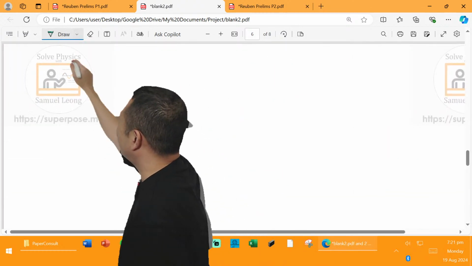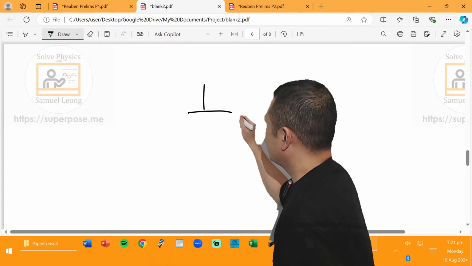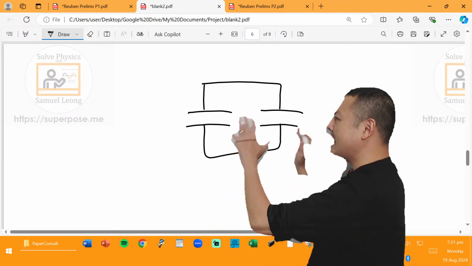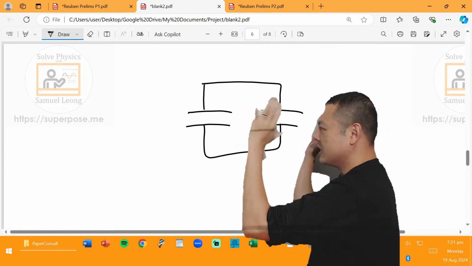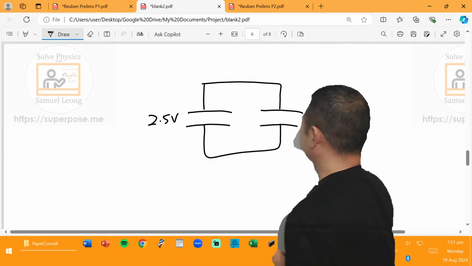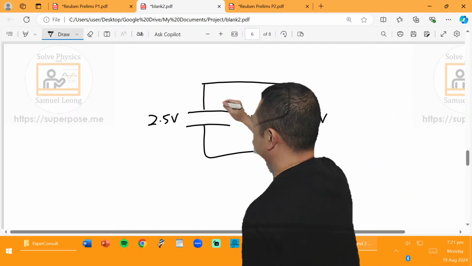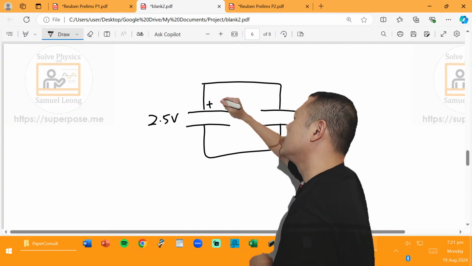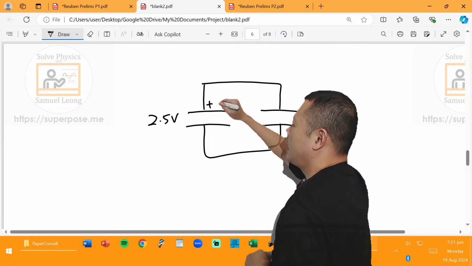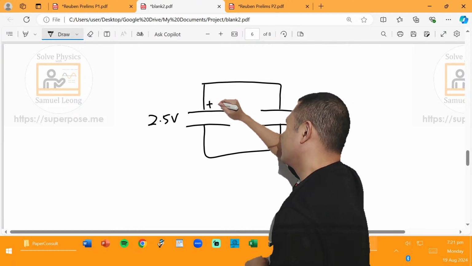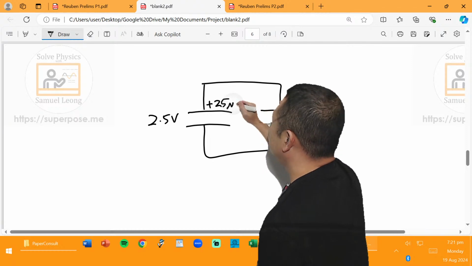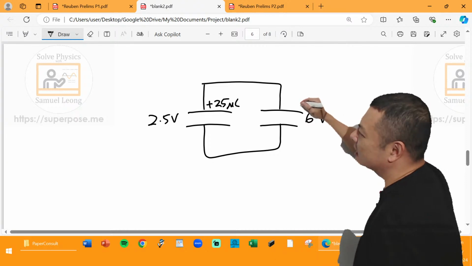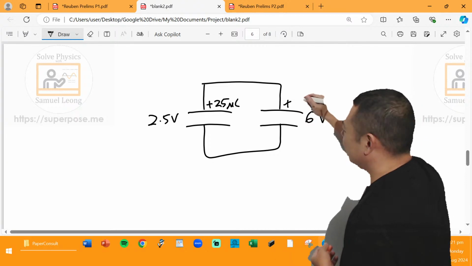What if you have two capacitors, just a quick one, I give you two more scenarios. What if you have two capacitors, but they are both individually charged? Let's say this one is 2.5 volts and this one is charged to 6 volts, for example. And the top plate here has plus 25 microcoulombs, and the top plate of the other one has plus 40 microcoulombs.